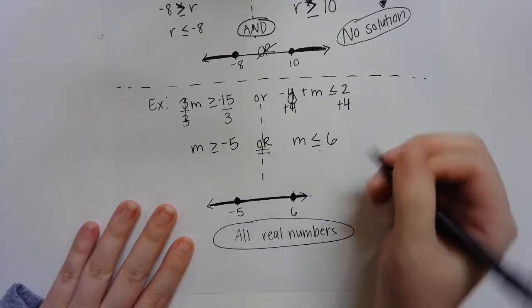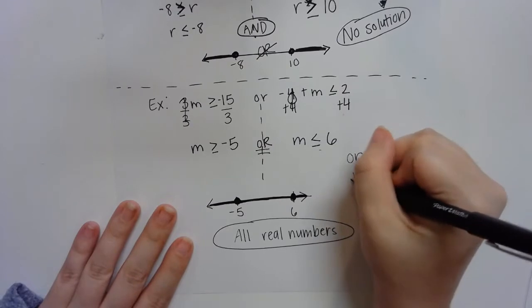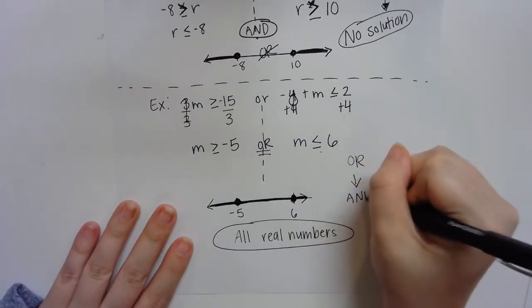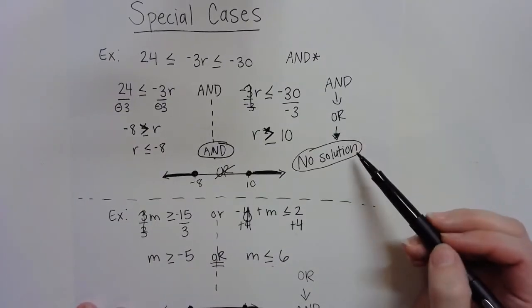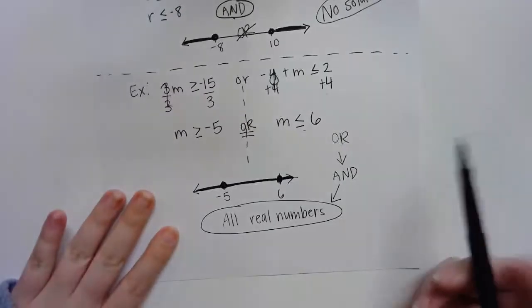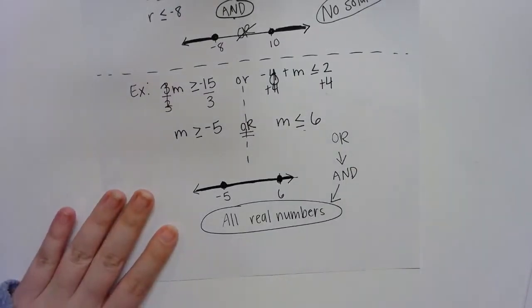So if it goes from an "and" to an "or," it's no solution. If it goes from an "or" to an "and," it's all real numbers.